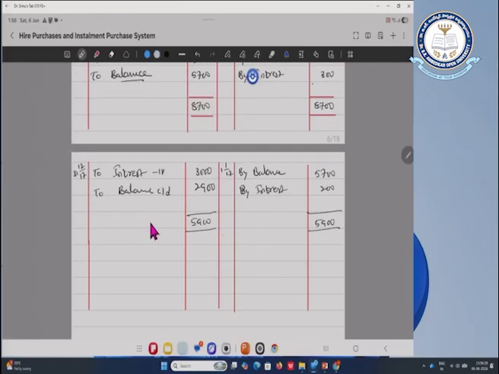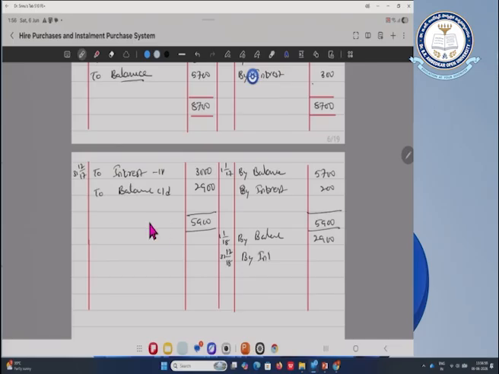Next, last year, first by balance, how much? 2900. Our installment is equal to how much? This is the end of the day. Balance, always remember, you have to bring it on the opening day only, then interest you are going to pay at the end of the year. I am just reminding you all, remember this point.